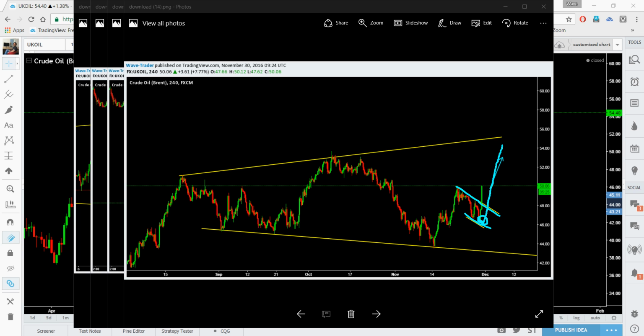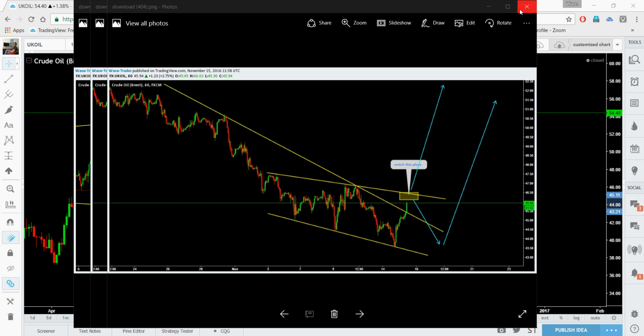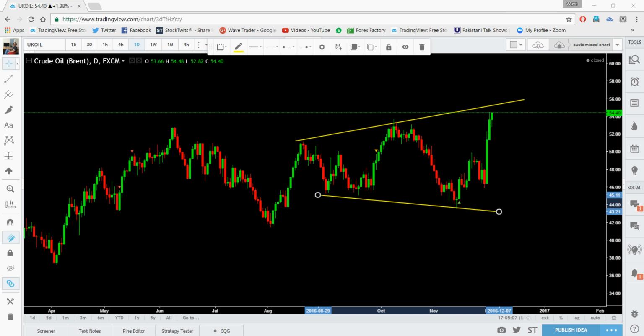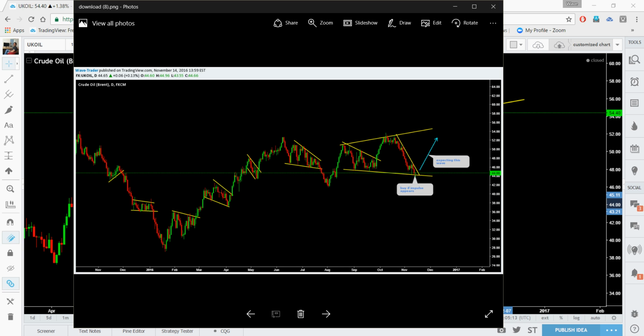All right, so this is how we were tracking oil, and it was on buy place. Yeah, after that everyone knows where oil went. Okay, so this is the forecast which we were anticipating, that oil is going to rise to the upside.